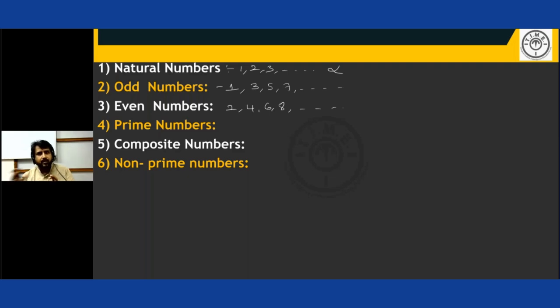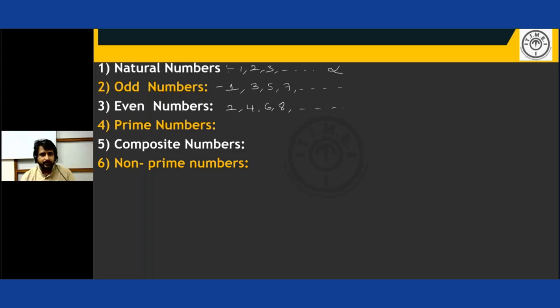It may be any logic, but the fundamentals will be the same. The series may be of natural numbers, odd numbers, even numbers, prime numbers, composite numbers, or non-prime numbers. Could be consecutive or maybe alternate. That pattern you need to identify.